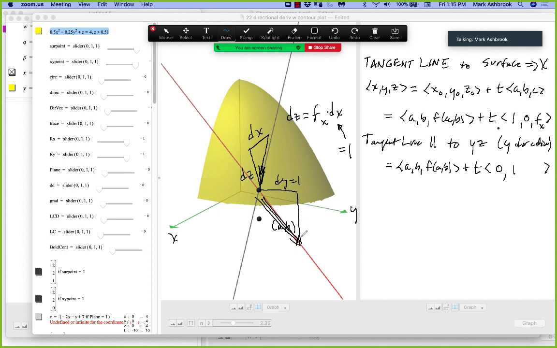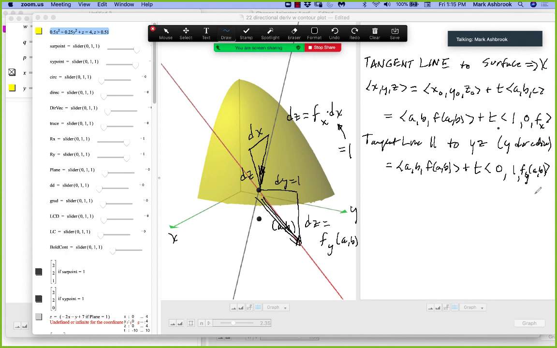And if the change in y is 1, then the change in z is the partial derivative with respect to y at AB. Maybe I can fit it this time. Made it. It's the partial derivative with respect to y.